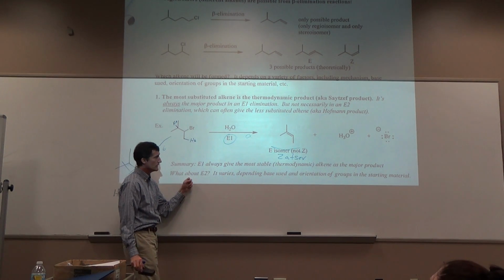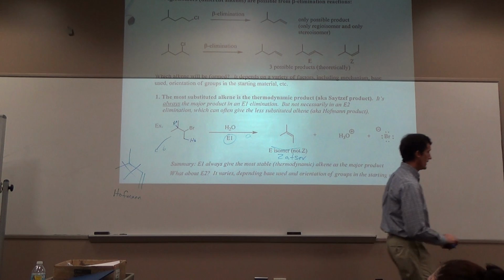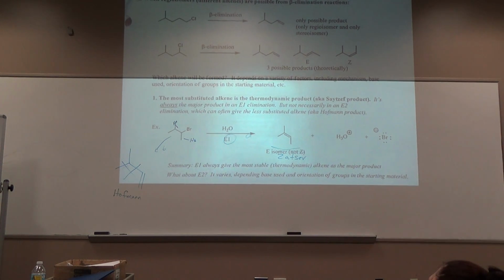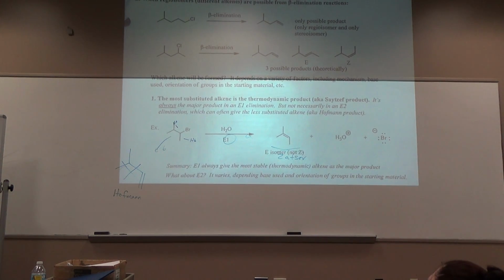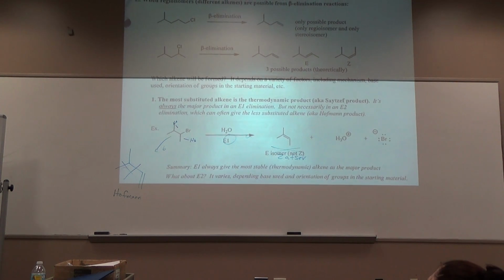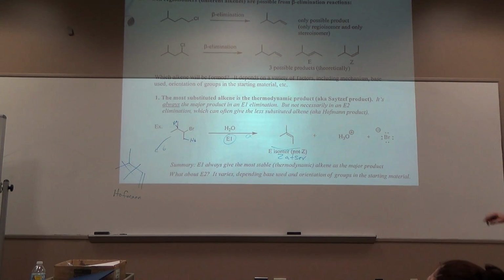What about E2? Well, E2 is more variable. It's not as straightforward. E2, you can get either. E2, sometimes you get the Hoffman.